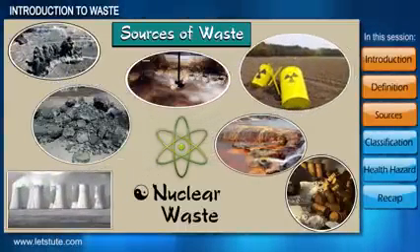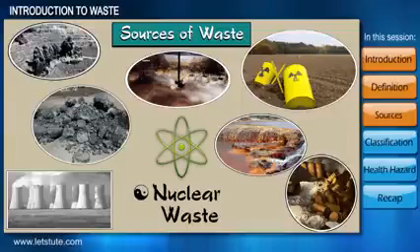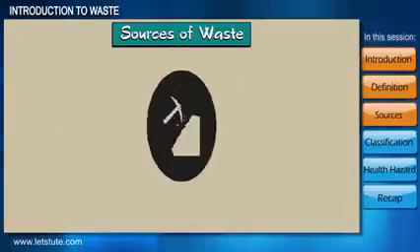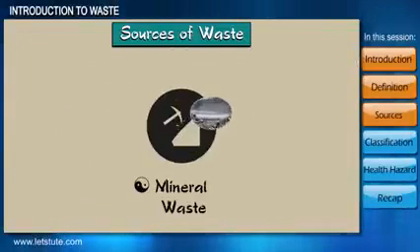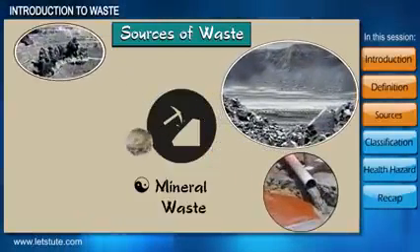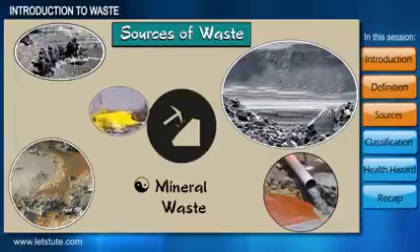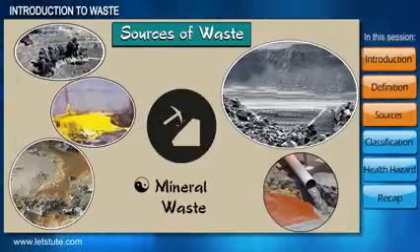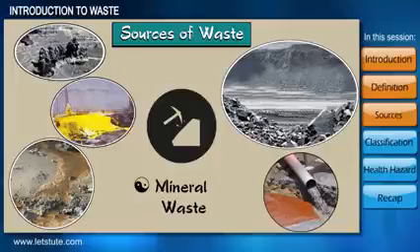Utmost care has to be taken for this type of waste. Mineral waste includes heavy metal residues found around mines, like lead, arsenic, cadmium, etc. These metal particles pollute the surrounding air and water.